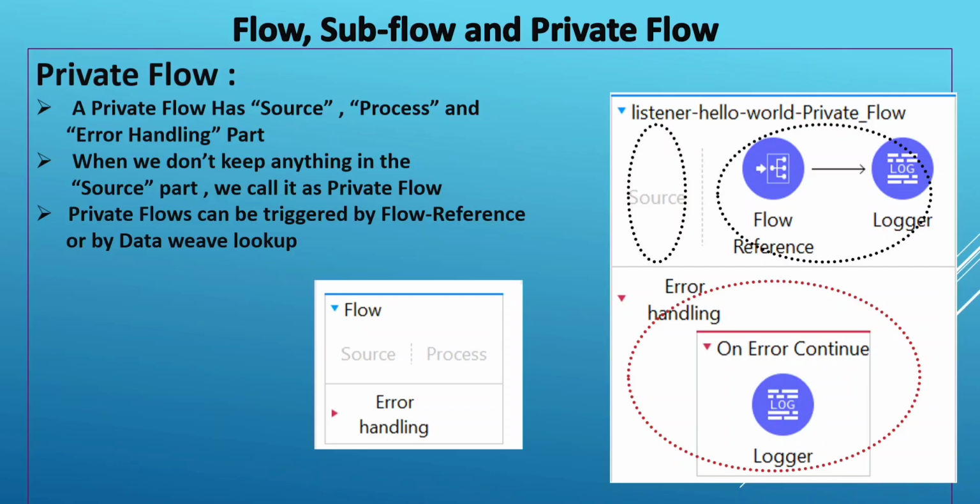So normally, these private flows will be triggered by a flow reference or by using a DataWeave lookup function. As there is no source section, private flows cannot be initiated by themselves, and some external system cannot call the private flows directly. These private flows can be triggered only by using a flow reference or by using a DataWeave lookup function.